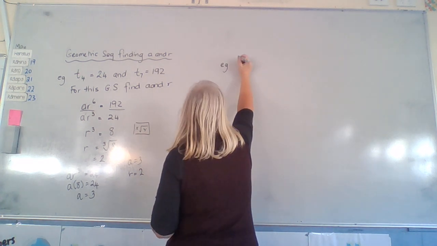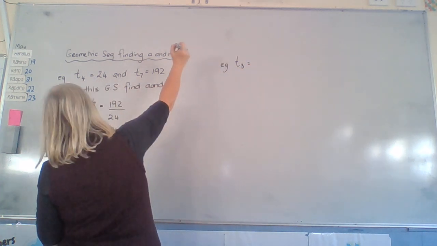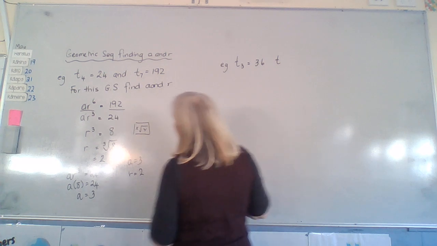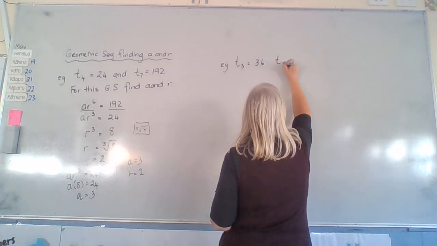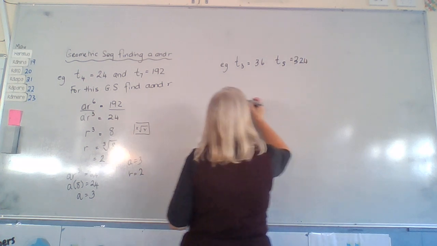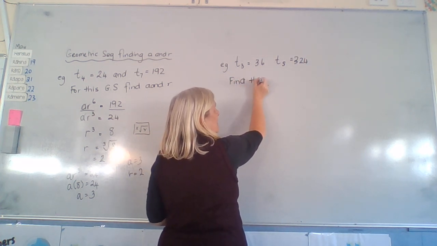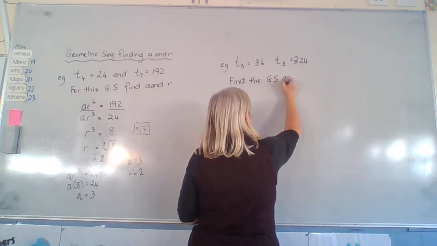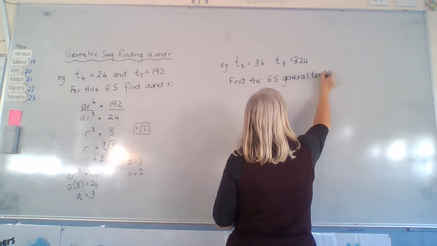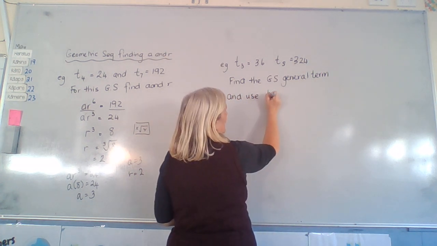So if we've got T of 3 equals 36 and T of 5 equals 324, find the general term and use it to find T of 8.